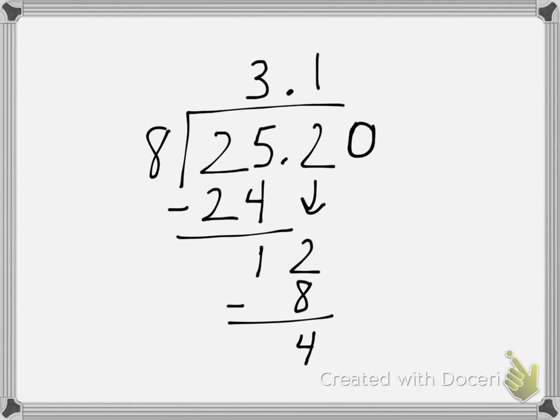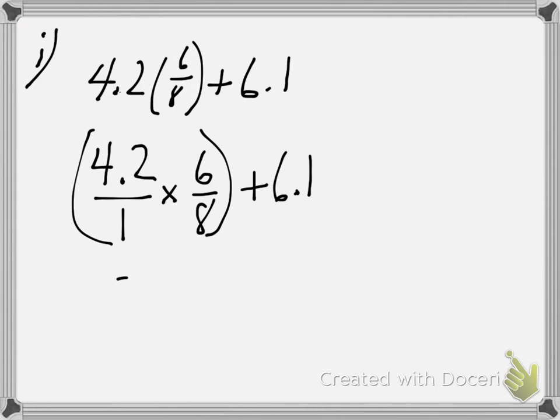We can add another 0. And then it goes in there 5. So once again, our decimal point just goes up, since we have a whole number here as a divisor, 3 and 15 hundredths.